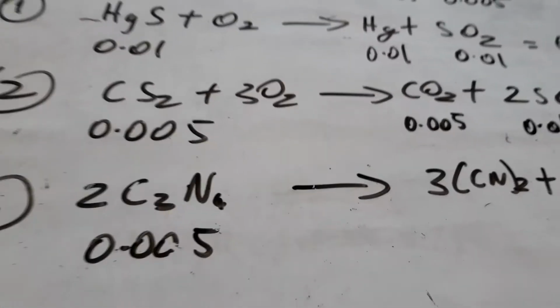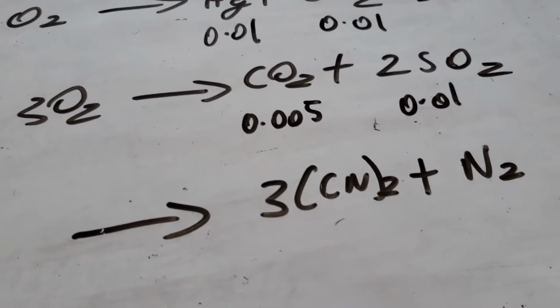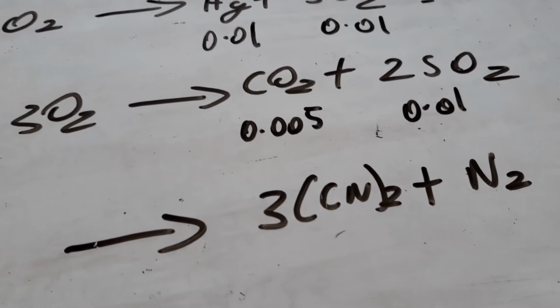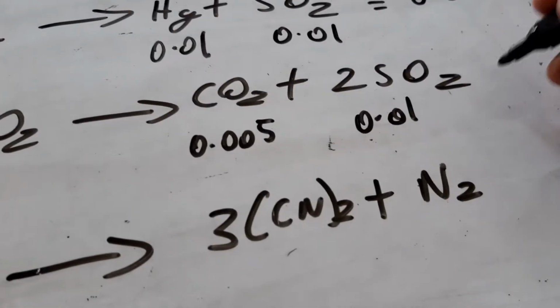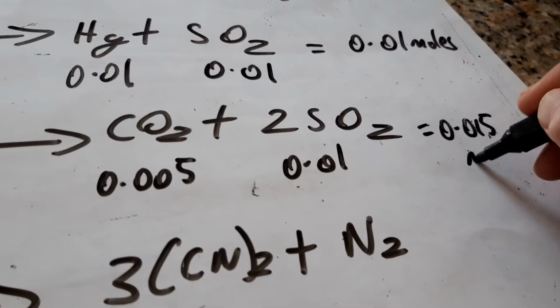So all in all, we produce 0.005 moles plus 0.01 moles of SO2. So we add them together and we get 0.015 moles of gas produced in reaction 2.